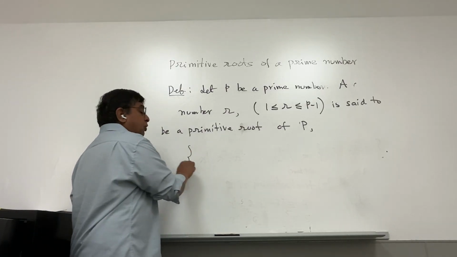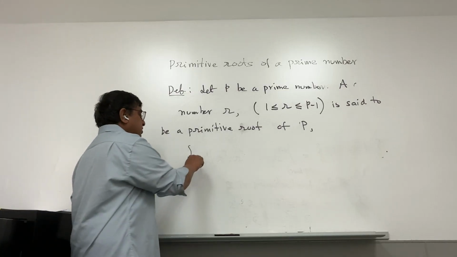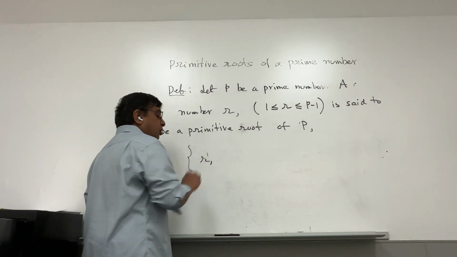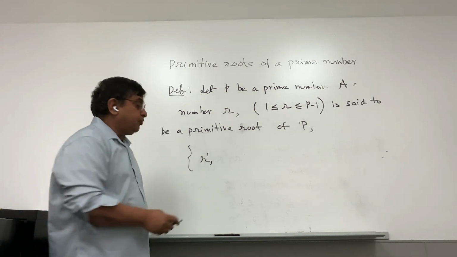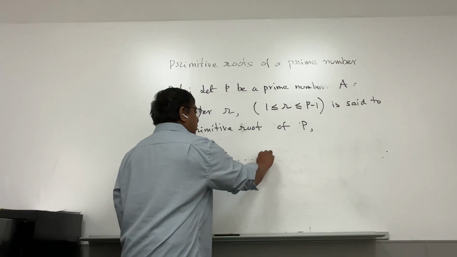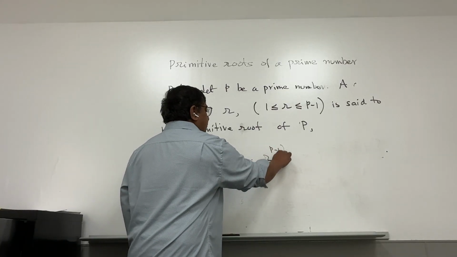Namely, if you look at the set consisting of r to the power of 1, which is the same as r, r squared, and so on and so forth, r to the power of p minus 1.